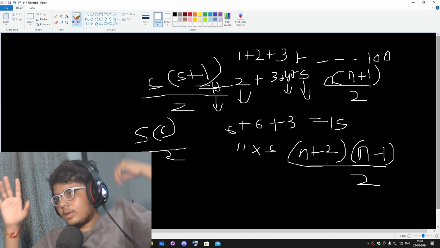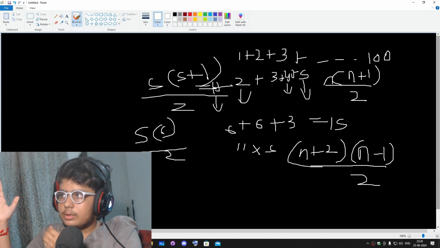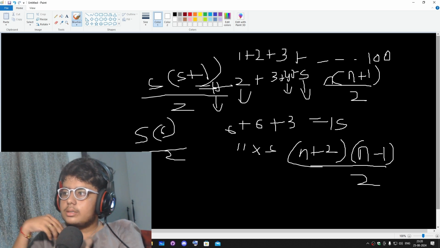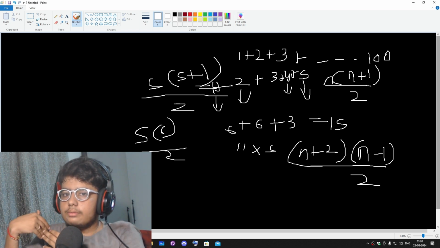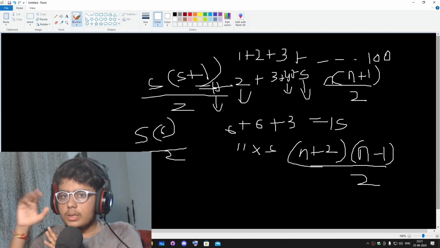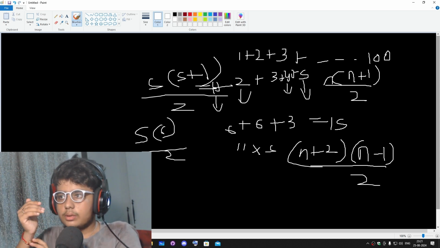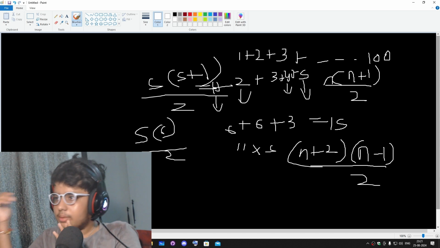So okay, I got the formula, great, but I was not getting the logic behind it. I was struggling a little bit with the formula that I had got. I got this logic that we have to add the first number and the last number. The first number is 2, the last number is n.